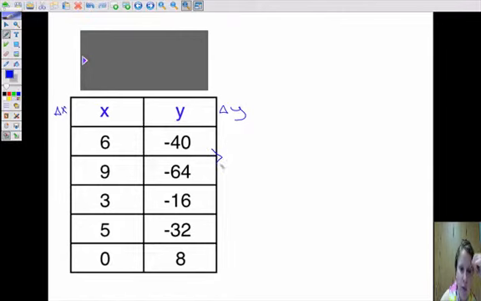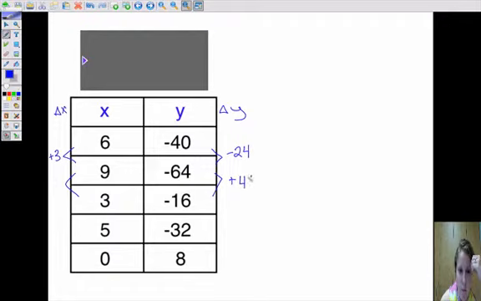So if I think of negative 40 going to negative 64, well, that's me going down 24, right? If I go from 6 to 9, that's me going up 3. If I go from negative 64 to positive 16, that's me going up, and what would that be? That would be 48.